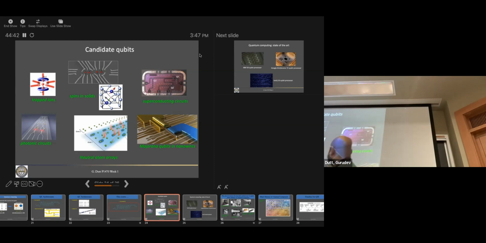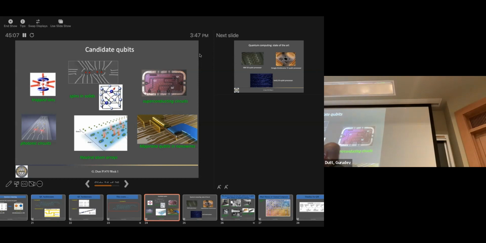One of them is the trapped ion qubit. Then spin qubits in various semiconductors and solid materials, and superconducting circuits. And this is actually a topological qubit, called a Majorana qubit in a nanowire.